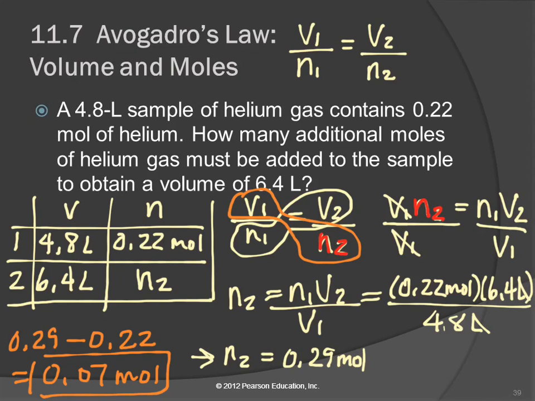Okay? On a multiple choice test, there would probably be an answer that says 0.29 moles, because we know that a common mistake would be to solve for N2 and feel like you're done, right? Just because you find a number that's one of the choices does not mean you did it correctly. Any questions?